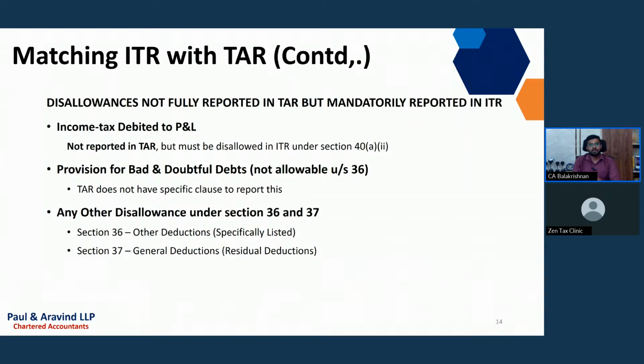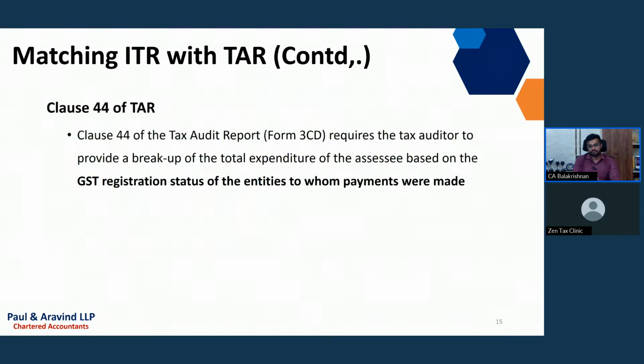This disallowance is not specifically given in the tax audit report, same as section 37 general deductions. This need not be directly reported in the tax audit report, but it must be reported in the ITR while computing our total income.